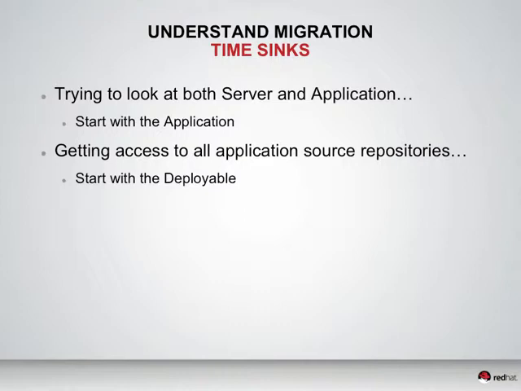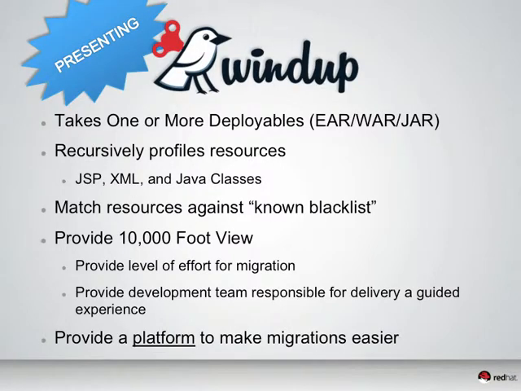So the idea is, with Windup, we'll start with the deployable. Windup takes one or more EAR, JAR, WAR files, any zip files, and it recursively profiles the resources. Primarily we're looking at JSP, XML, Java classes, and we're basically pattern matching on these things.